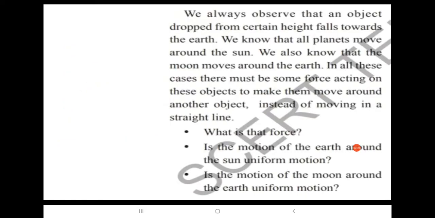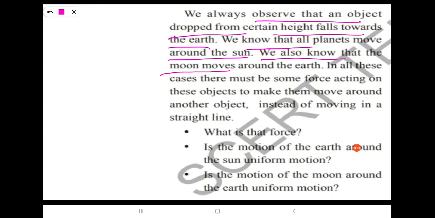Here, we always observe that an object dropped from a certain height falls towards the earth, right? We also know that all planets move around the sun, and the moon moves around the earth.